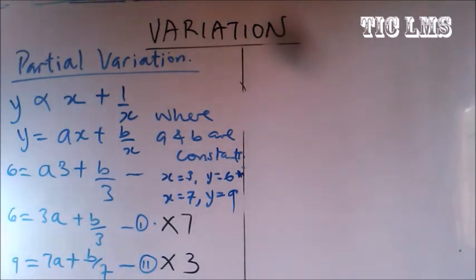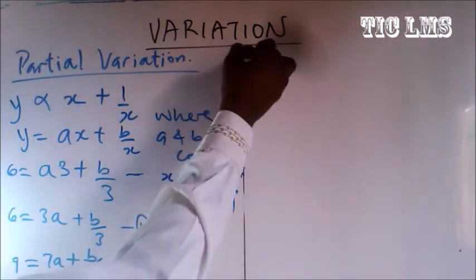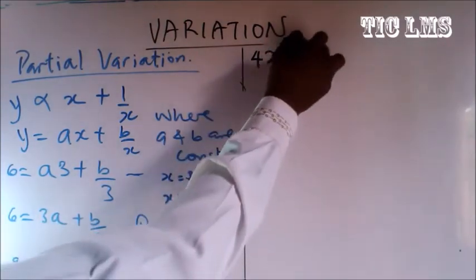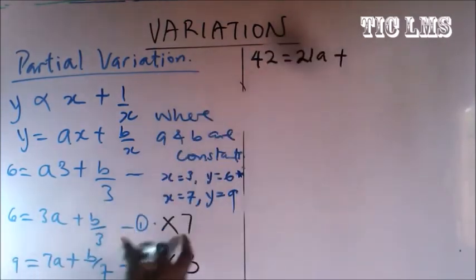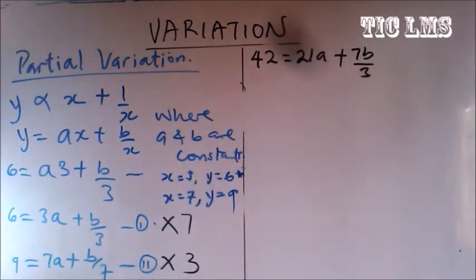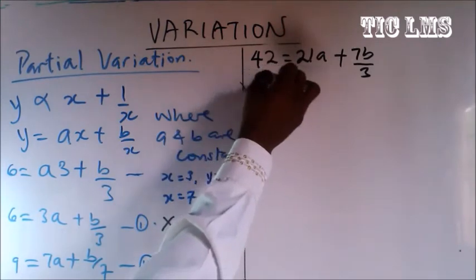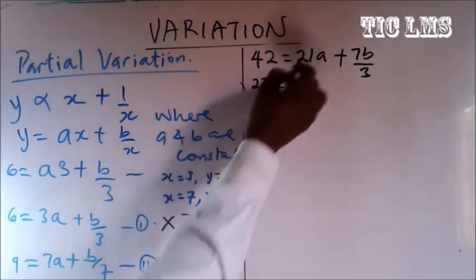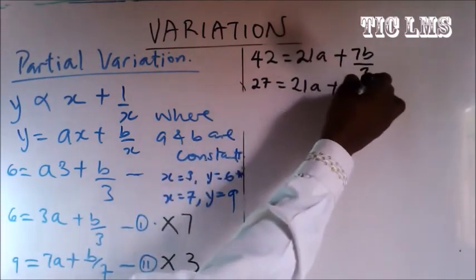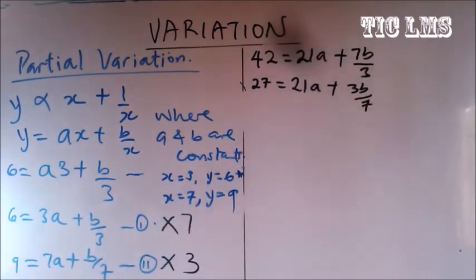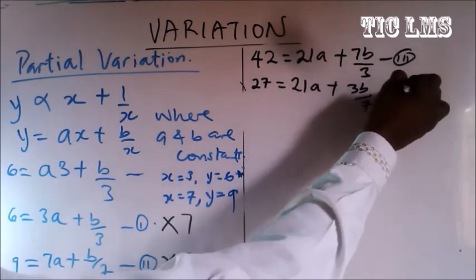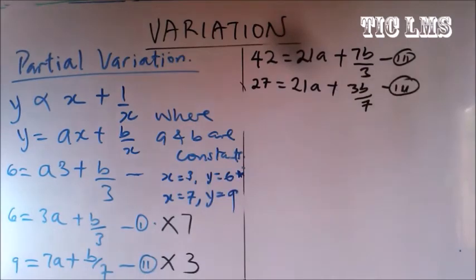So we multiply by 7. 6 times 7 gives 42, equal to 3 times 7, which is 21A, plus 7B over 3. And then 3 times 9 is 27, equal to 3 times 7, which is 21A, plus 3B over 7. So we can call this equation 3 and call this equation 4.